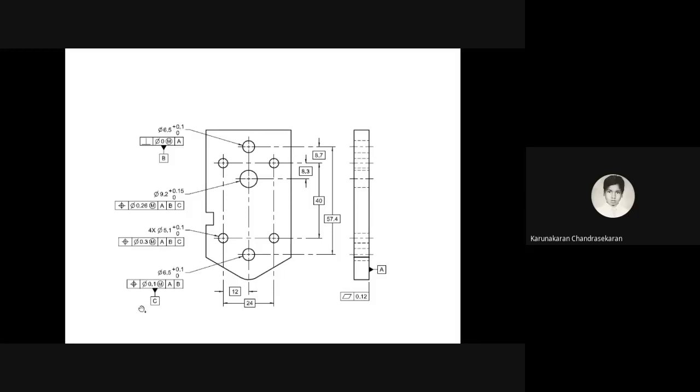Similarly, we have to understand the basics of representing the position as well as tolerances, with datum referencing. This is the objective of this particular lecture today.